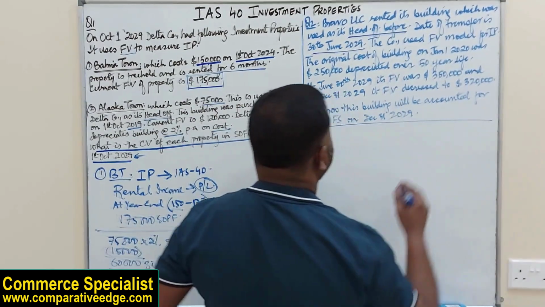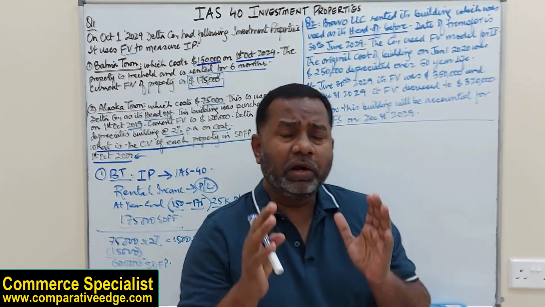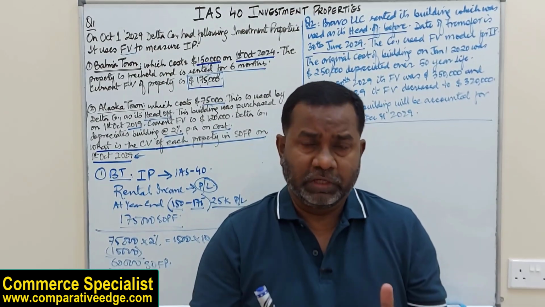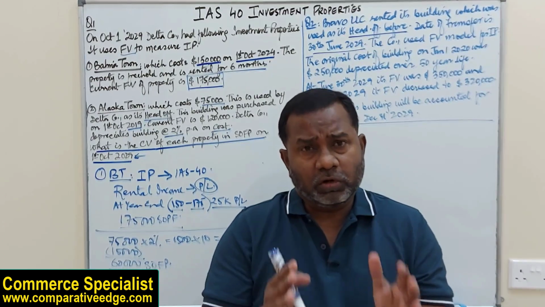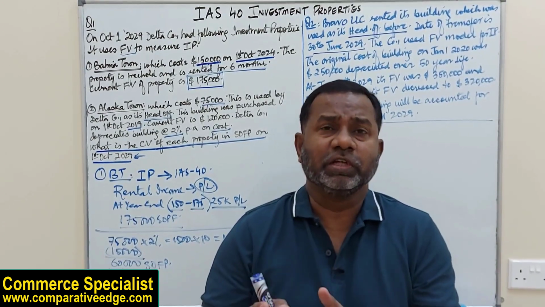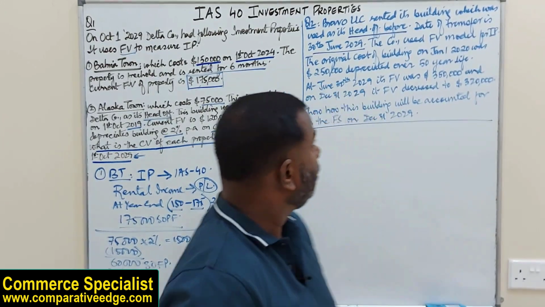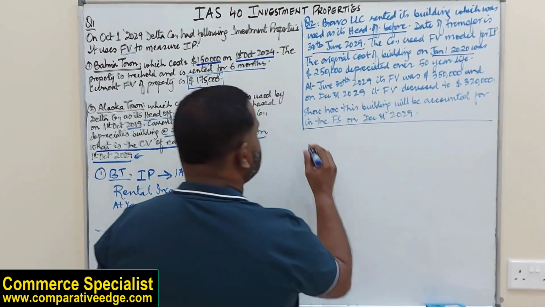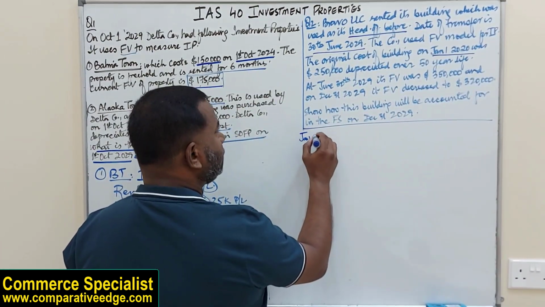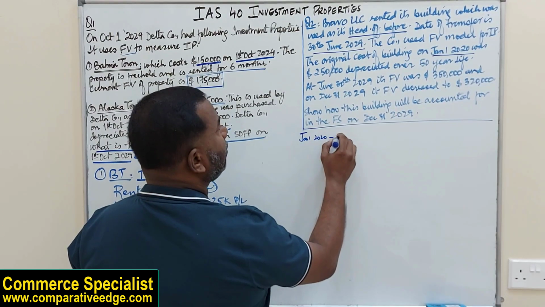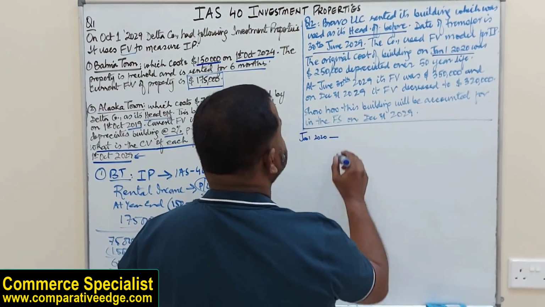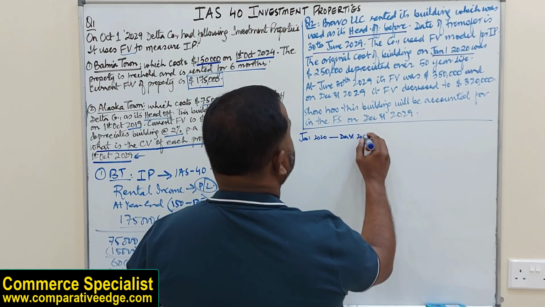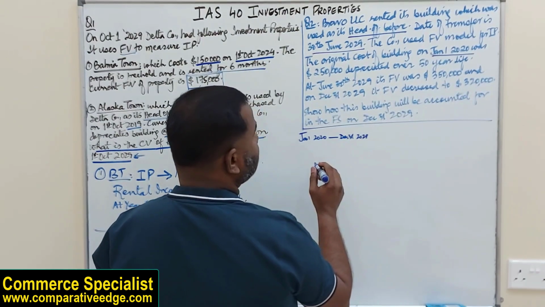So here you need to understand, because earlier the building was used as head office, which means owner occupied. If it is owner occupied, it would be dealt with under IAS 16 property, plant and equipment. So when it was purchased on January 1st 2020, from January 1st 2020 right up till December 31st 2028, this is 9 years.